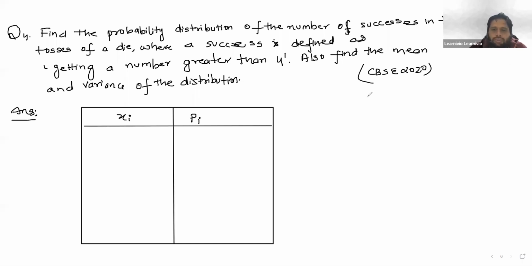First time when you throw the die, there is a possibility you do not get the success. Second time also, you do not get. So the number of successes can be 0. What other cases? You can get one success. Second, you can get two successes.